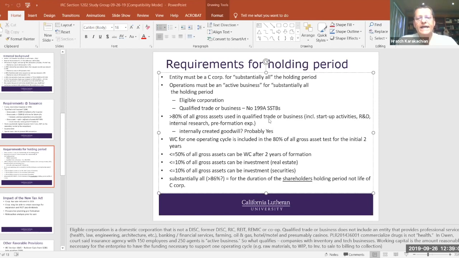More than 80% of the gross assets have to be used in the qualifying trade or business. More than 80% of the assets.